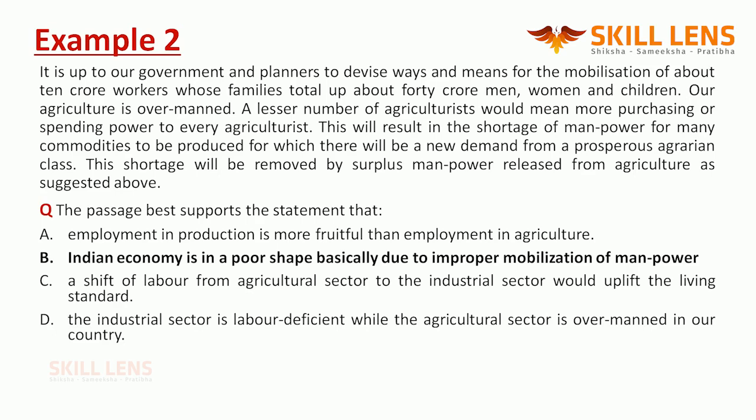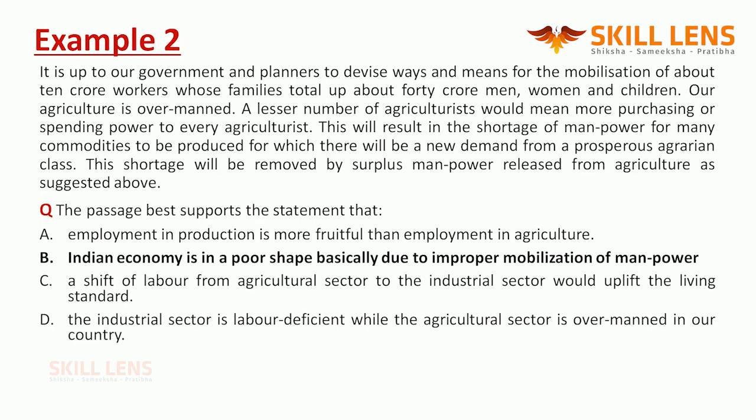There is a hypothesis suggested: if people from the agricultural sector are removed, they are no more working in the agricultural sector, then they will need more things, so the industrial sector will have to produce more things to meet the demands of these people. Only if that happens will the industrial sector be labor deficient. But it does not say now it is labor deficient. It only mentions our agriculture is overmanned. So we also eliminate option D.